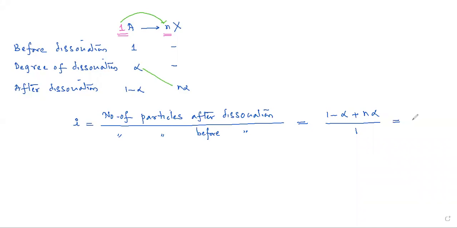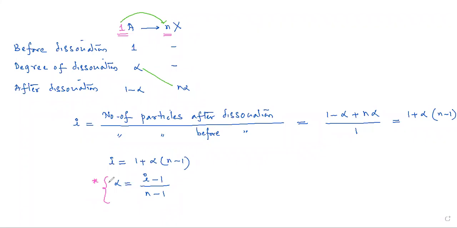As usual, it's 1. Come on, let us take alpha as common. Let me give it as 1 plus alpha into n minus 1. Okay. So i is equal to 1 plus alpha into n minus 1. Now alpha can be written as i minus 1 by n minus 1. Okay. So this is an important relation.